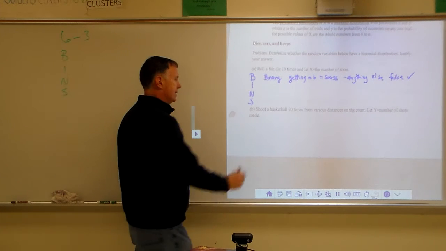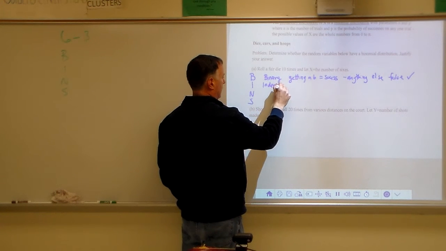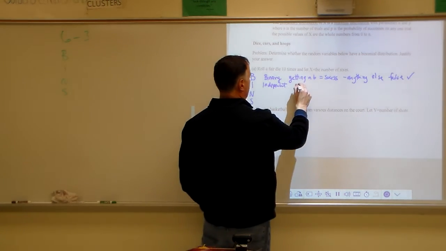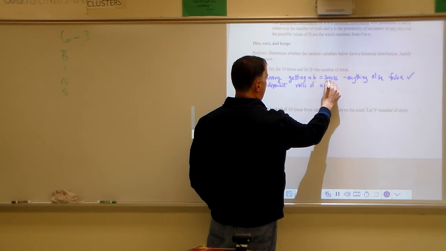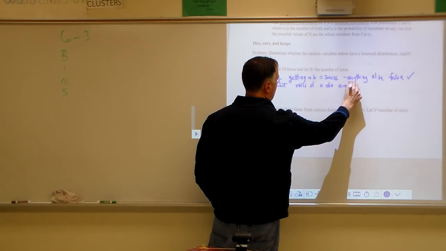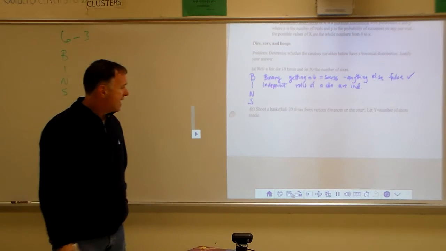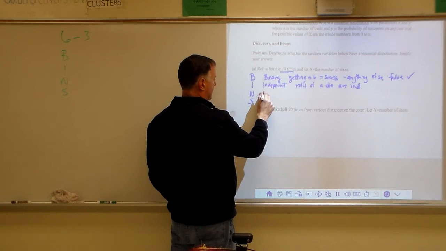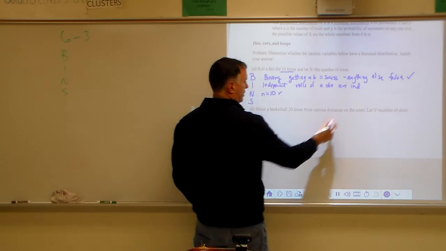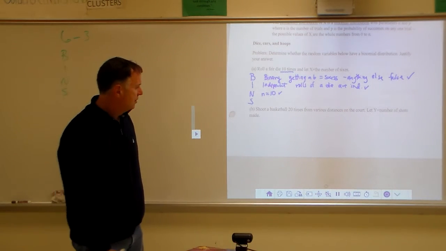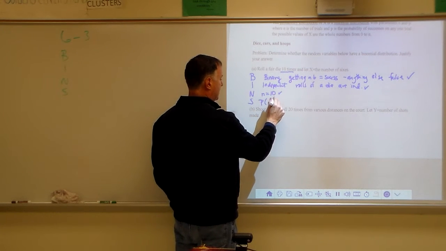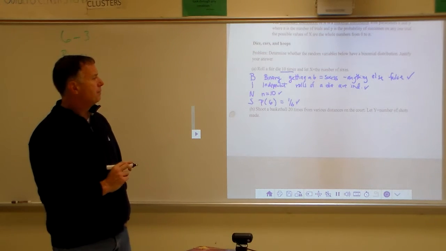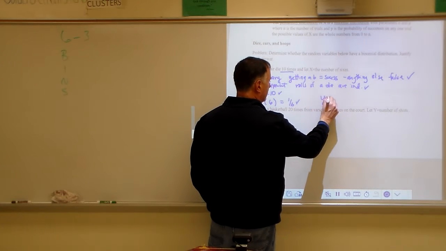I, independent. Can I say that they're independent? Yes, rolls of a die are independent. And do they give us a fixed number of trials at the beginning? Yep, rolling 10 times. So I'd say n equals 10, that checks. And then success, the probability of getting a 6 equals 1 in 6, check. So is this a binomial distribution? Yes.